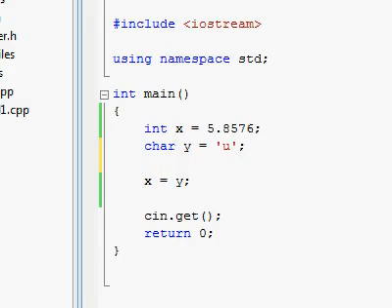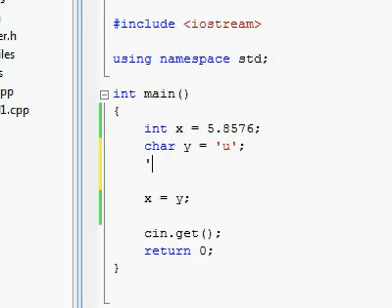And of course it's an R value, which means you cannot take this value and assign something else to it, because it's a number, and you can't assign one number to a different number because they aren't variables, they are just plain old numbers.